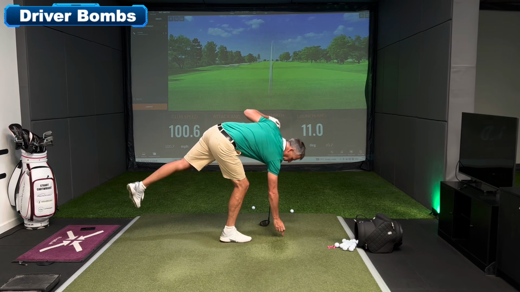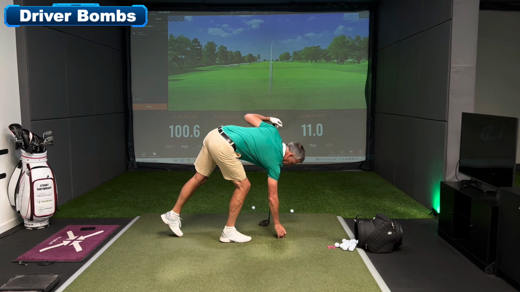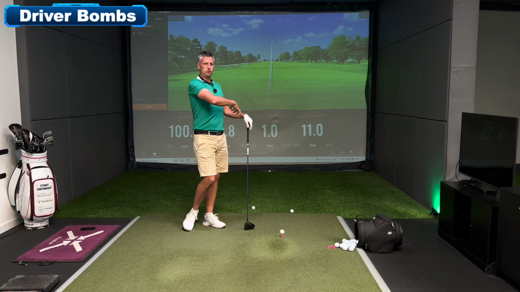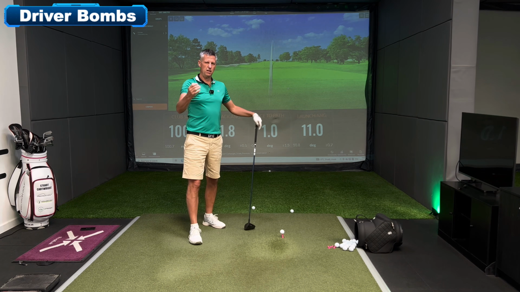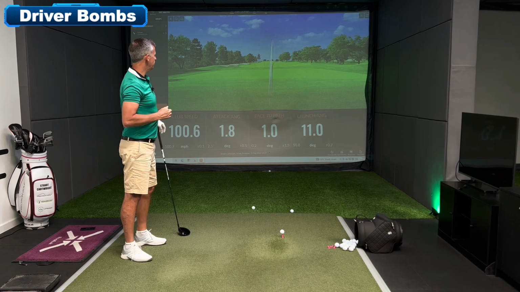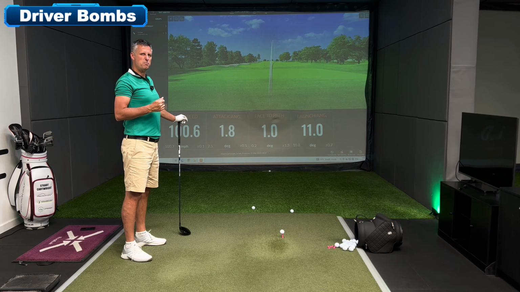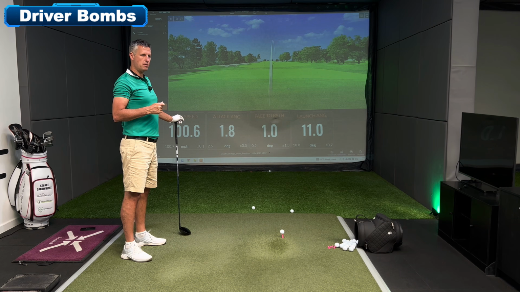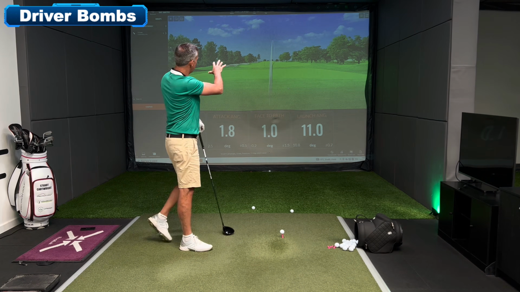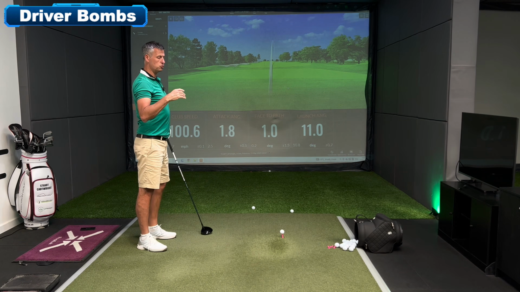Again, 11 degree launch. So understand that the ingredients that I've delivered there as a launch angle, pretty low. I'm having to work quite hard to get an 11 degree launch. Like to see a bit more than that really, like to see 12, 13 maybe, slightly less spin. But that's going to work, right? I mean, they're all fairly neutral.